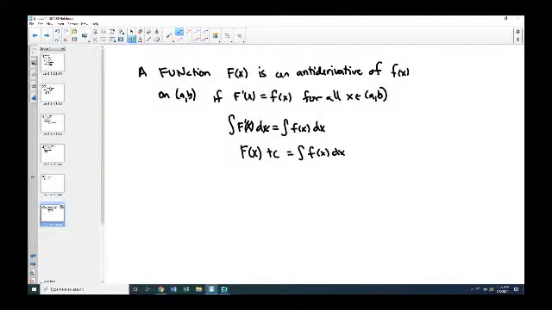On the AP exam you'll probably see this, where they give you that information, but I find it easier to rewrite it on my paper like that. Anytime you see something of this nature, it is best, in my opinion, to rewrite it as such. So that's just the formal definition, and you'll see that as an indefinite integral as well.